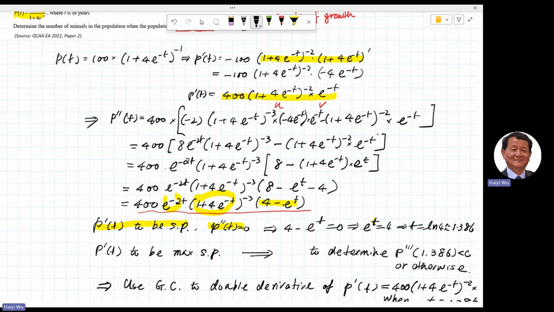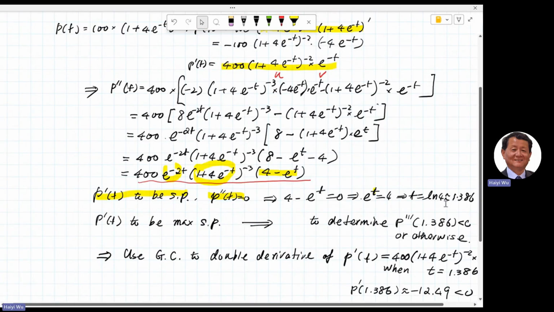So we solve for e^t, which is 4. So t equals ln 4. Using the calculator, that's 1.38. That's the time. We suspect that's a stationary point, but not necessarily a maximum.